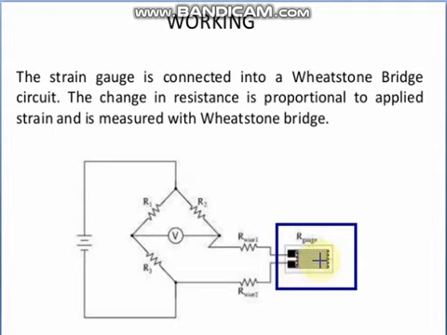If any load is applied on it or any force is applied on it which will cause stress, then the length or the diameter or the width will be changed. Accordingly there will be resistance change, and these are the end terminals.